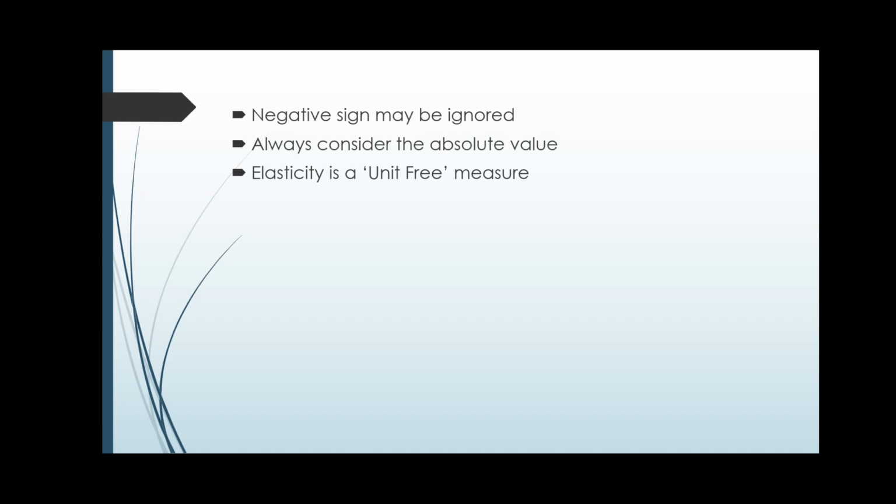The next point is always consider the absolute value. You will not consider the mathematical value in this part. You will always consider the absolute value, and you will avoid the negative sign. Like we solved two questions right now.